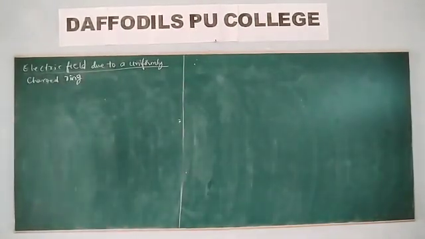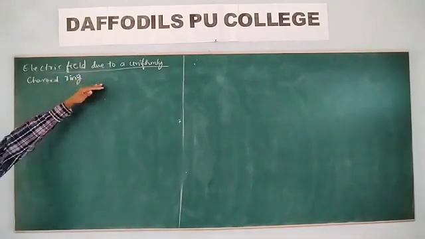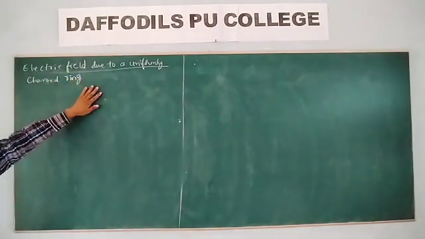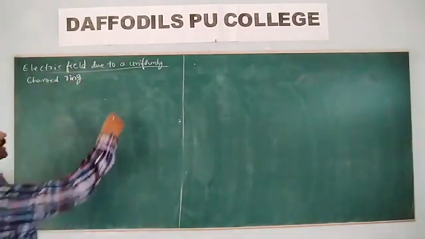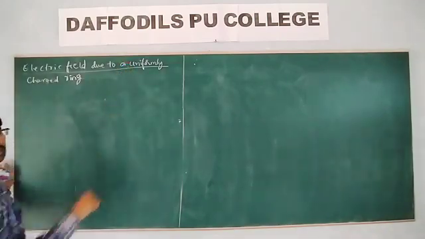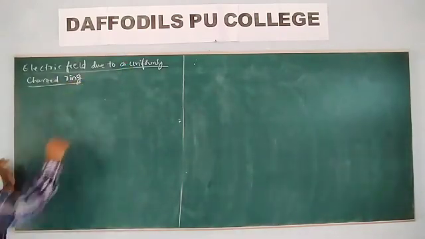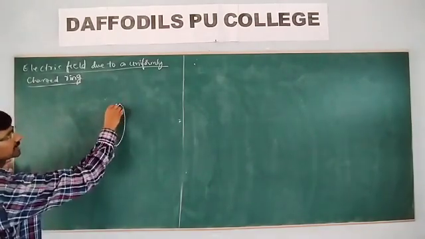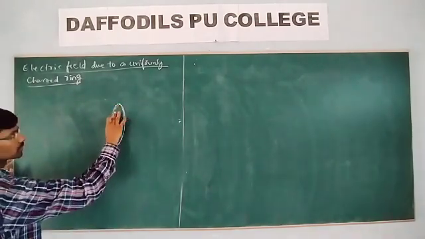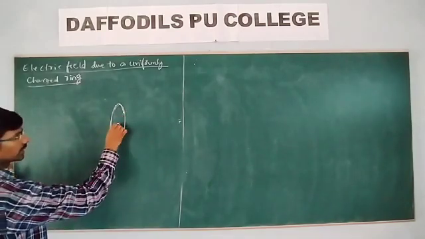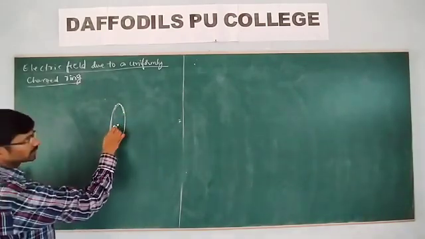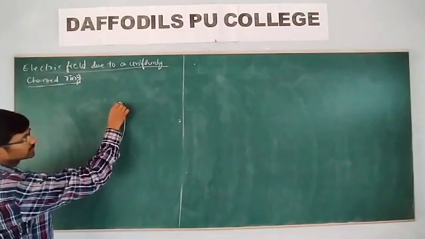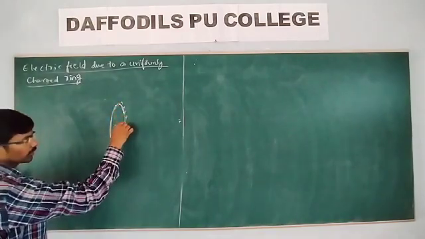Similar to that, let us discuss the electric field due to a uniformly charged ring. So let me take a ring of radius R, and O is the center of the ring, and this ring is uniformly charged.